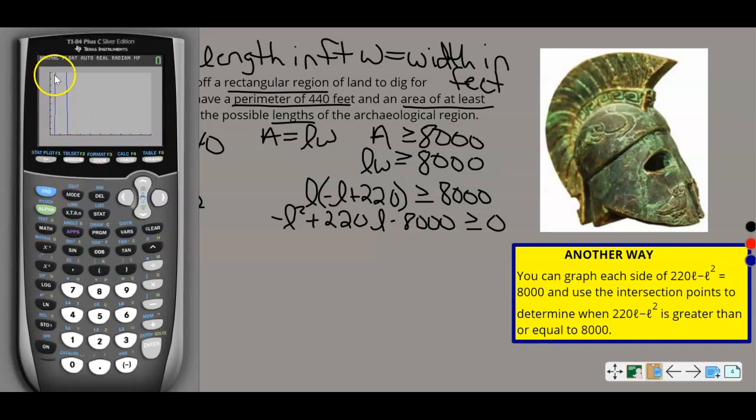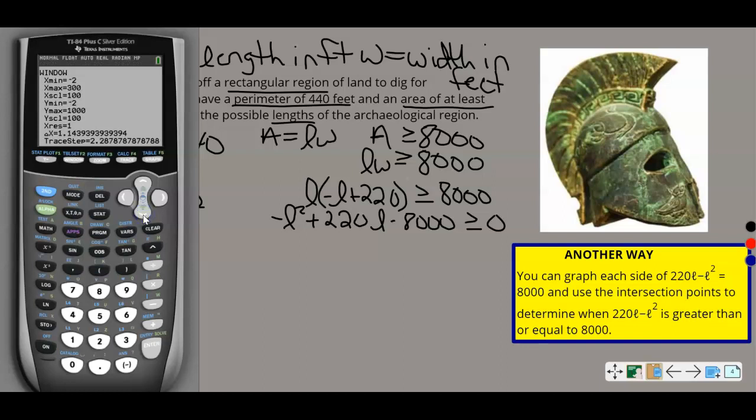So let's change our scale again. We're not seeing the top of our parabola, so let's say our x maximum, let's say we're going to take it to 300, because it looked like it was between 100 and 200.